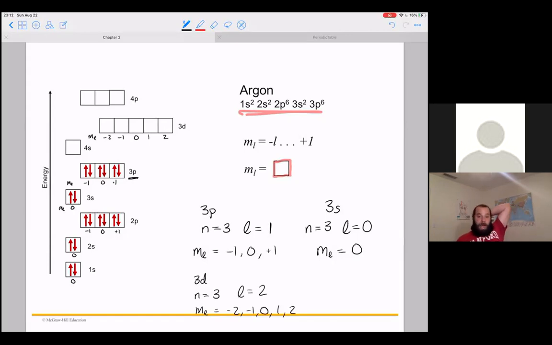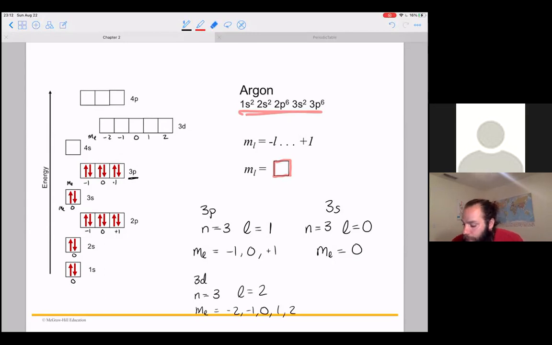Okay, so then notice how if I give you a 3-digit combination of n, L, and M sub L, a principal quantum number, an angular momentum quantum number, and a magnetic quantum number, it would correspond to a particular box on this diagram.